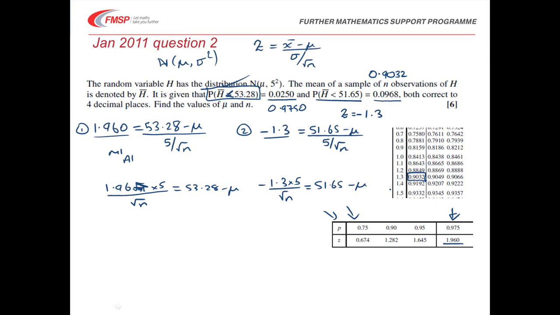So we've got some tidying up to do, and the way we tidy it up, if we notice, we've got minus mu in each. So if I call this equation 1 and equation 2, I'm going to do equation 1 minus equation 2.